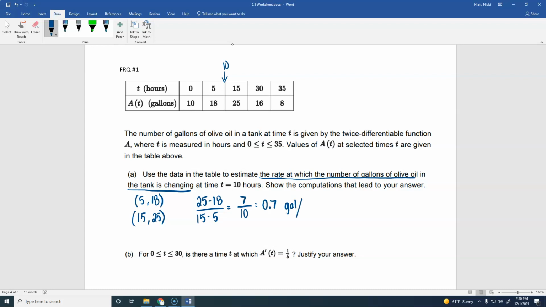Gallons per hour. Whenever we take a derivative, we're finding slope, so it's always changing y over changing x. So your units are always y over x, right? Gallons per hour. All right, so our estimate here is that our rate of change is about 0.7 gallons per hour.